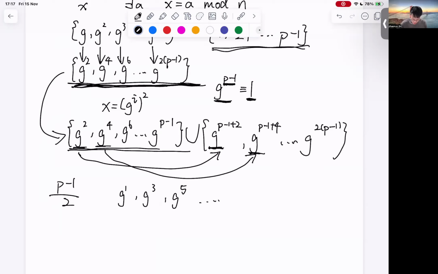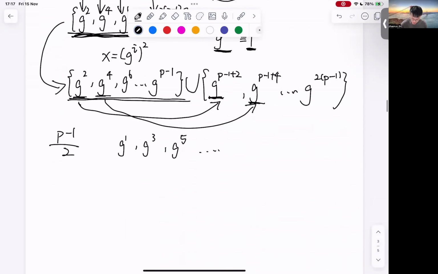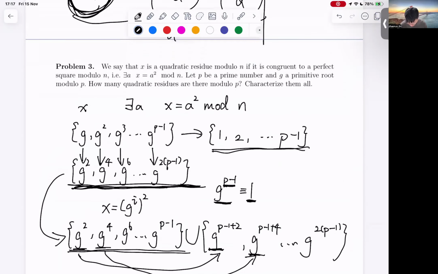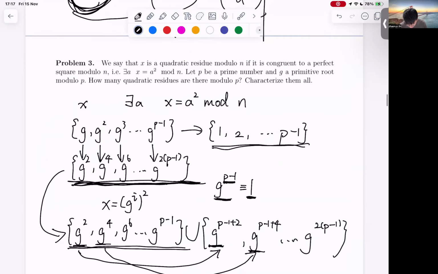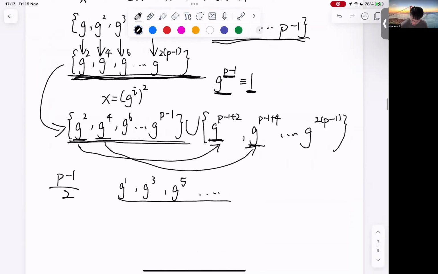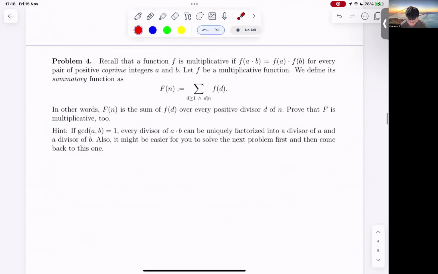So we have this many quadratic residuals modulo P. And for this set, since we have an odd power, it's not a quadratic residual. So it is easy to see that. So this is the number of quadratic residuals we have. And move on to problem 4.